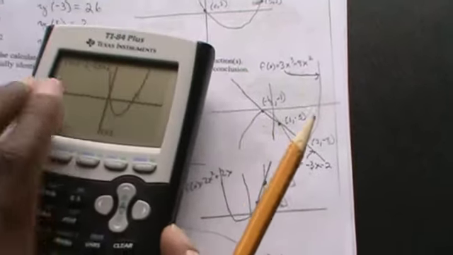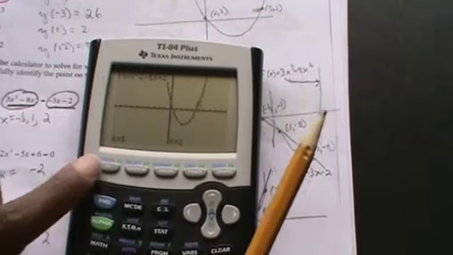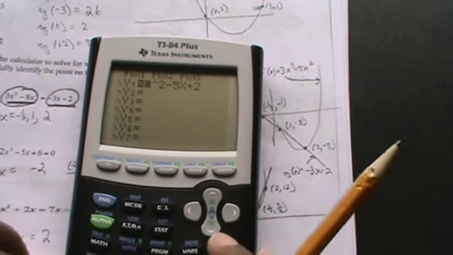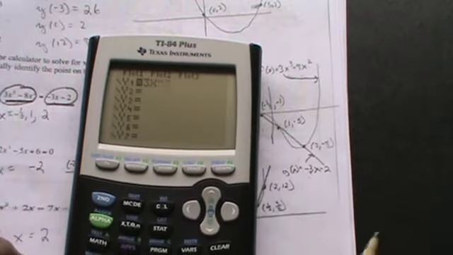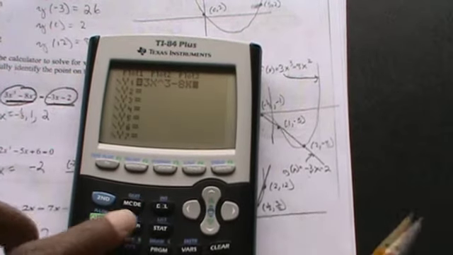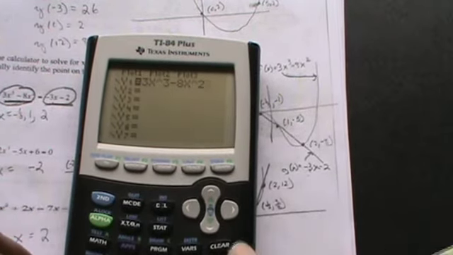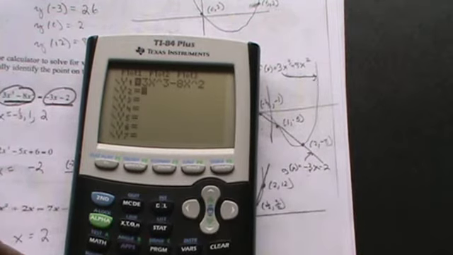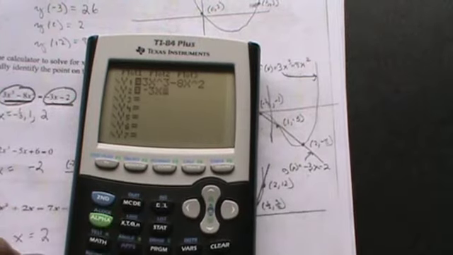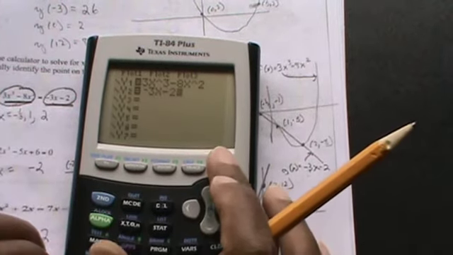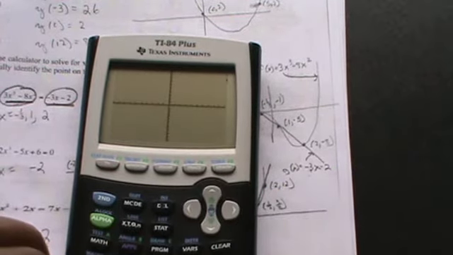Okay, so if I go over to my calculator and I sketch them separately, so y equals 3x raised to the third power minus 8x raised to the second power, and that equals the other function, which is negative 3x minus 2. I'm going to graph them both simultaneously.